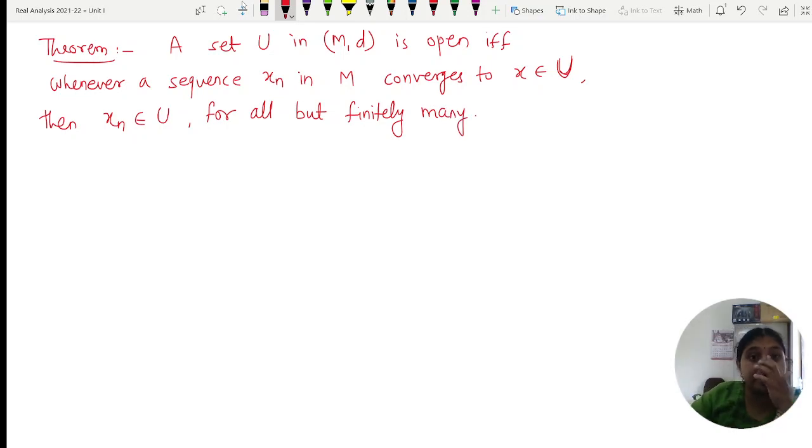This is an if and only if statement. What we want to prove is that a set U in a metric space is open if and only if whenever a sequence xn in M converges to x in U, then xn belongs to U for all but finitely many. Okay, so we will prove.